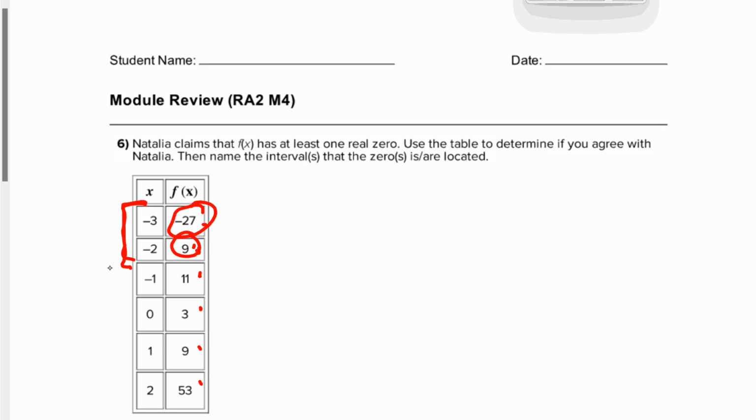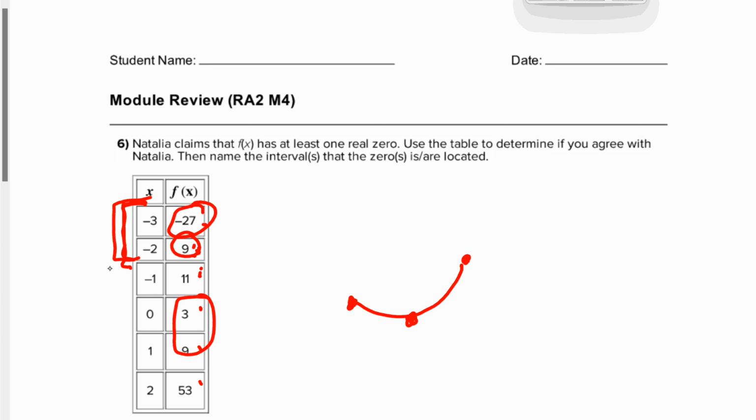Now, as long as we go from negative to positive, there has to exist one. Now there could be more, because we go from 9 to 11, back to 3, back to 9. So maybe where we're at 3 and then we come back to 9, maybe it comes in between those and hits 0. Maybe.